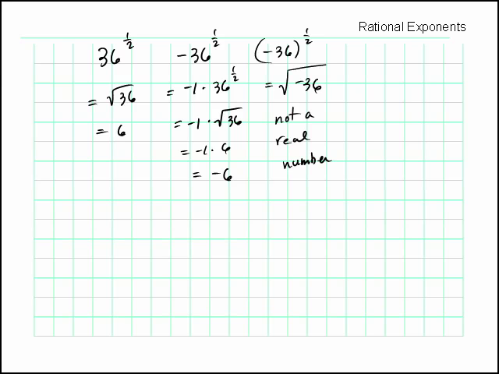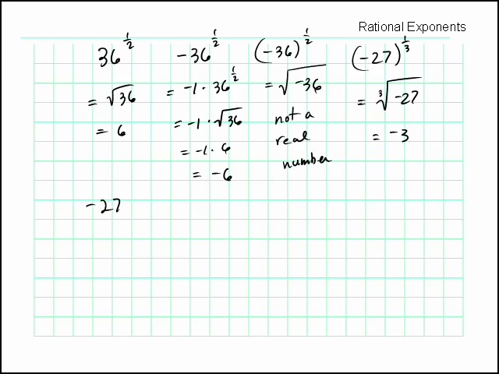However, I can have something like this. Negative 27 to the 1/3 power means the cube root of negative 27. And we can take cube roots of negative numbers. This is negative 3. Compared to this, actually let me write that down below, I'm running out of room here.